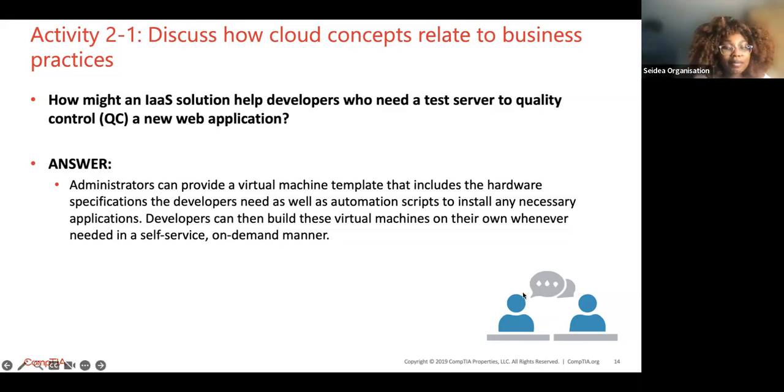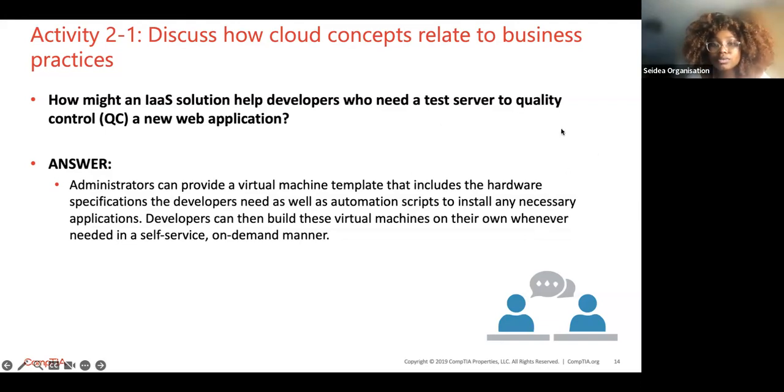Now, a good thing to think about with this question is, remember what I said about going back to the characteristics. When you are looking back on the video at the answers to these scenarios, think about the 5 characteristics. Where am I seeing the 5 characteristics in this scenario?